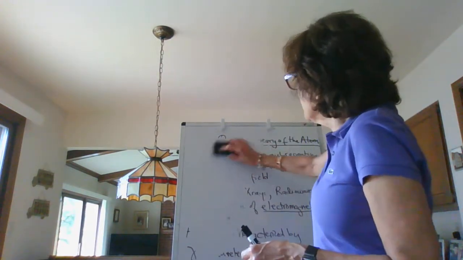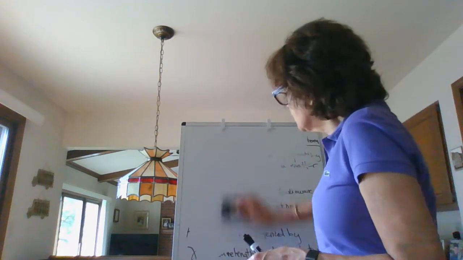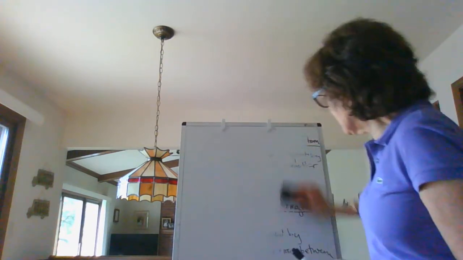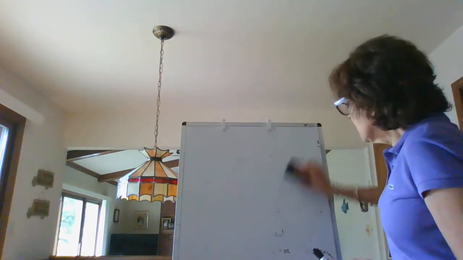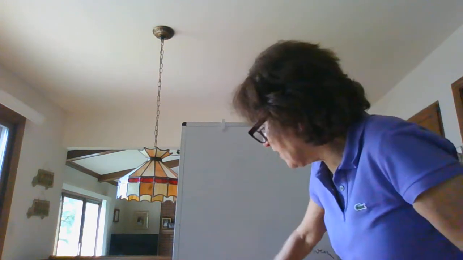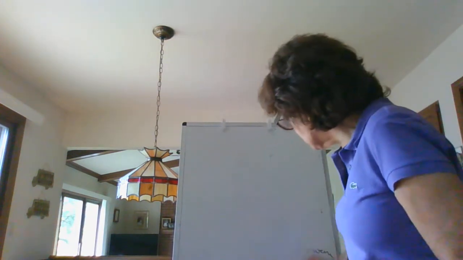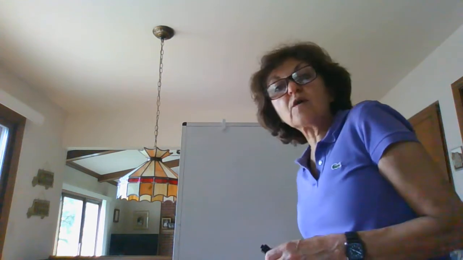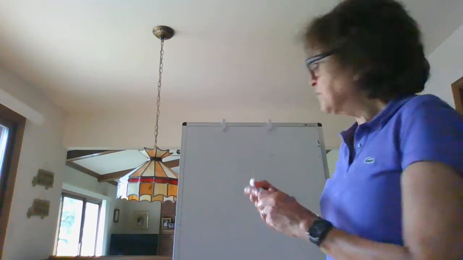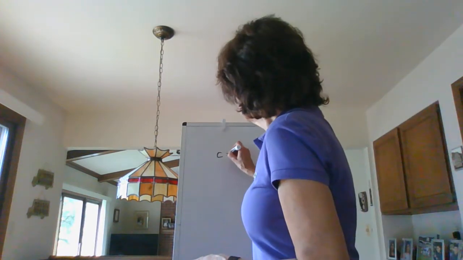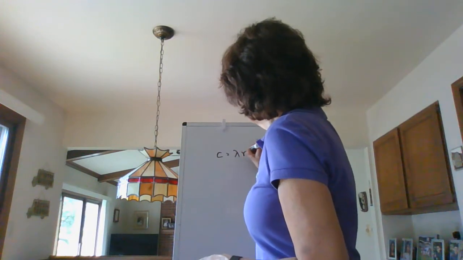This first one is just the relationship between wavelength and frequency. If you take a wavelength and you multiply it by its frequency, that will equal the speed of light. So c is equal to lambda nu.